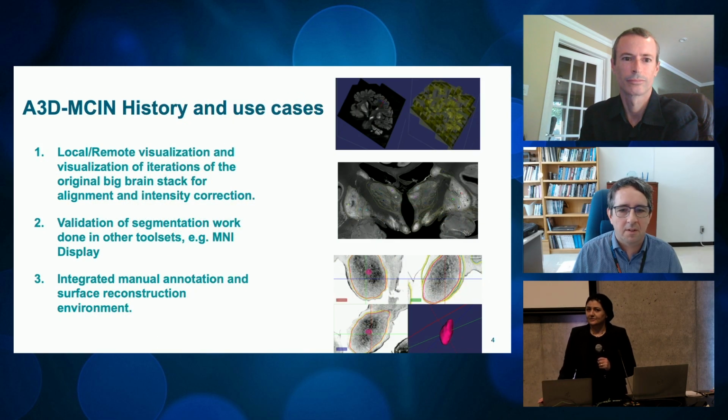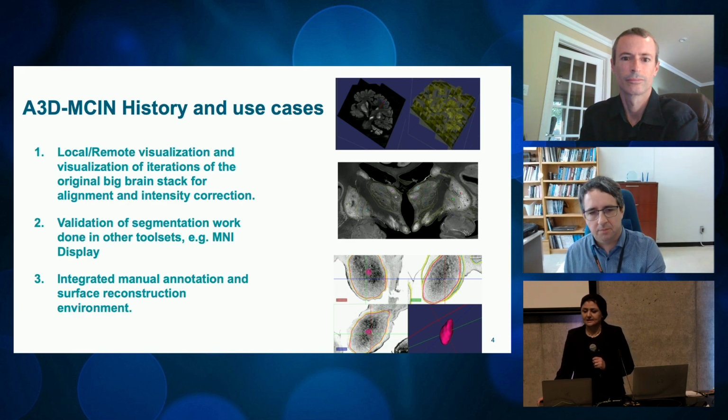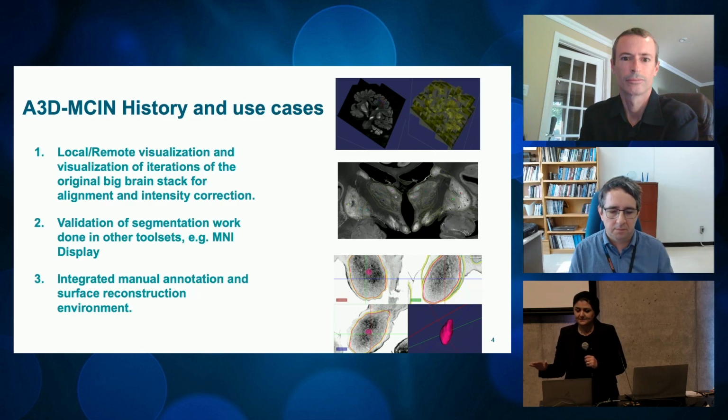After that, the researchers at McGill started to work on BigBrain slices, and they tried to make a 3D atlas from the 2D sections. This software has been developed and upgraded to be able to visualize the intermediate steps of analysis. It makes it possible to see the results of alignment and intensity correction.